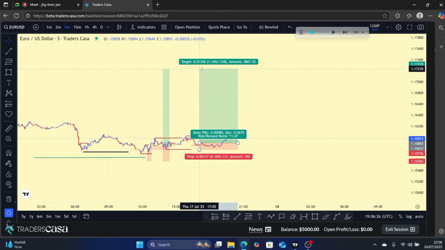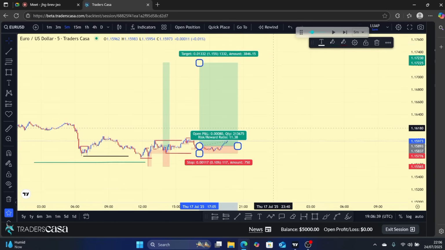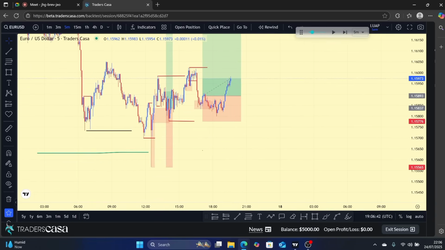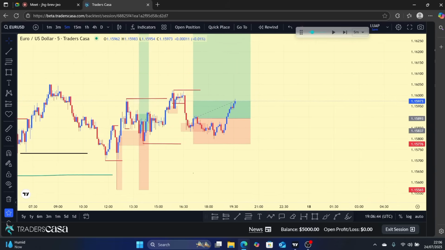That's the final TP. It's up to you where you'll be targeting. You can use a fixed risk reward. You can see the risk reward in this case is a good one, and your SL is also safe. So you can see this is actually the greatest option.